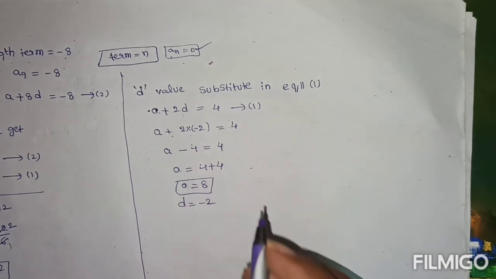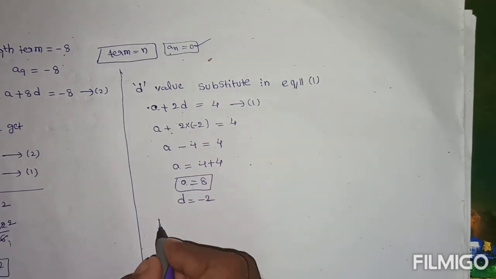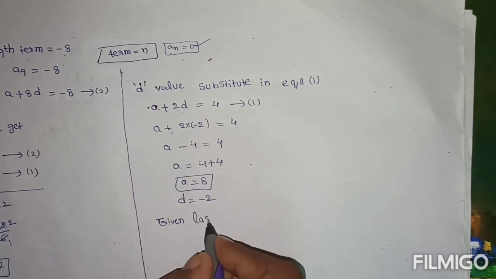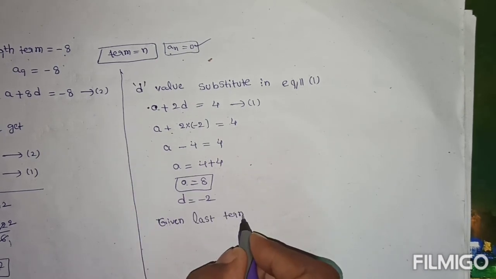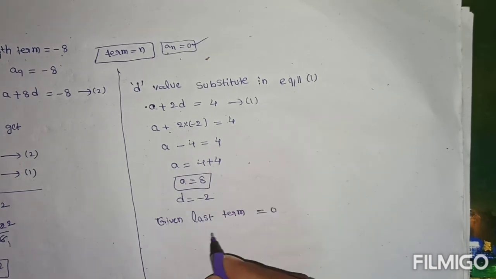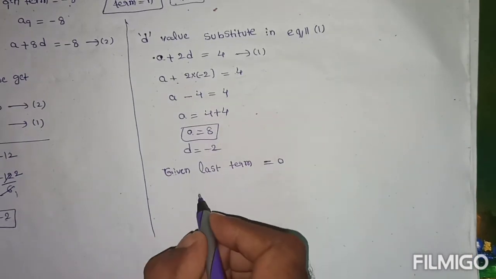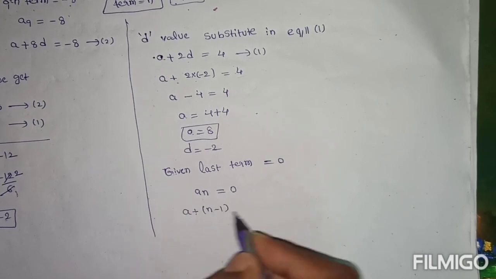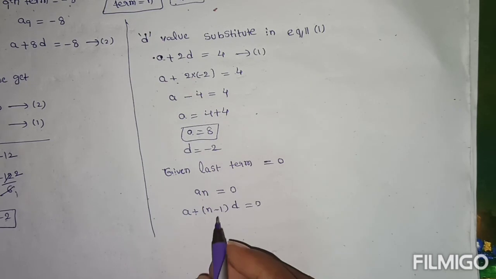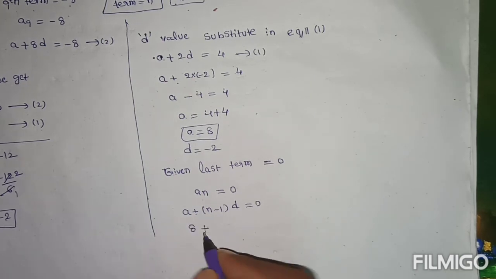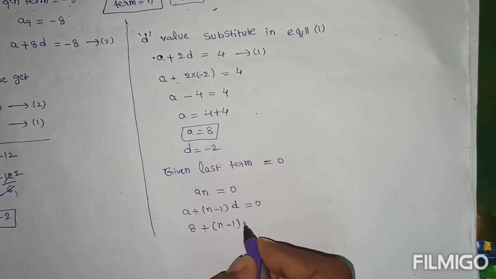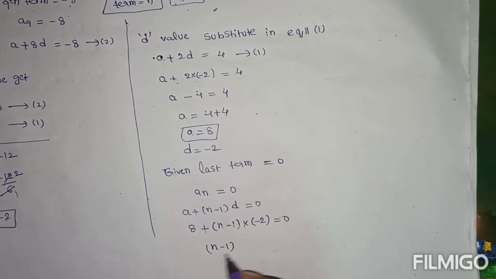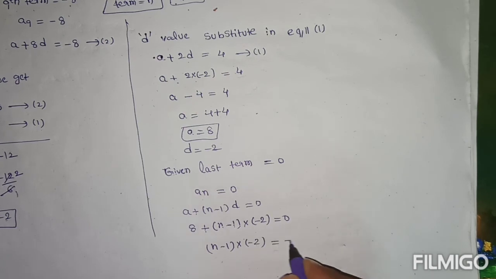Since it says which term is 0, the last term is taken equal to 0. Last term means a n equal to 0. An value: a plus n minus 1 into d is equal to 0. So a value 8, plus n minus 1, d value minus 2 is equal to 0. Plus 8 is transposed, minus 8.